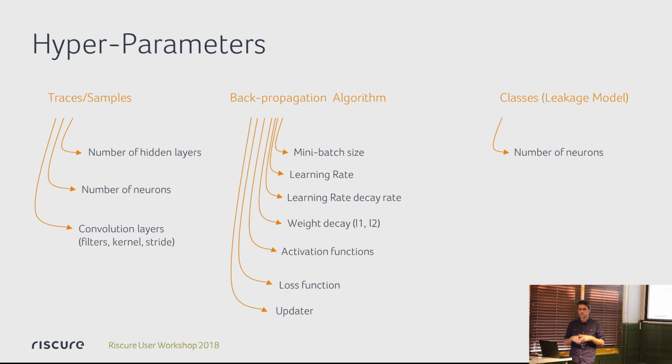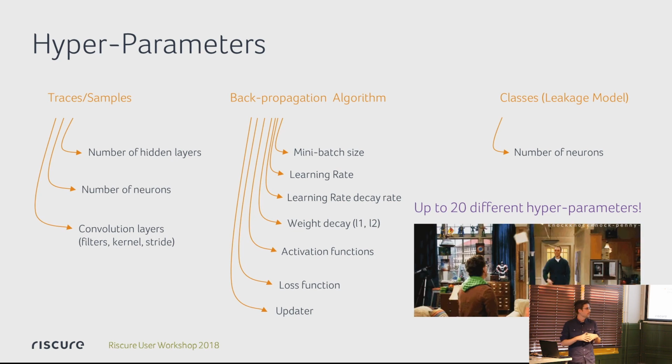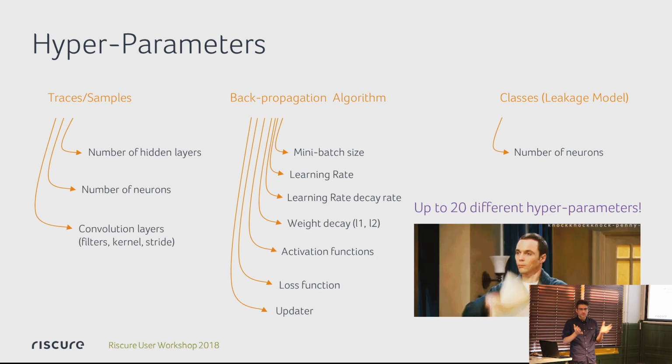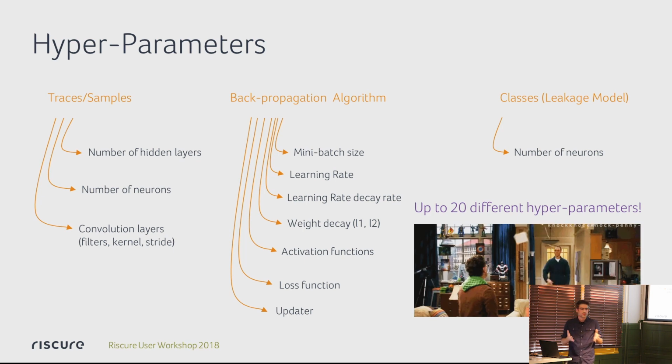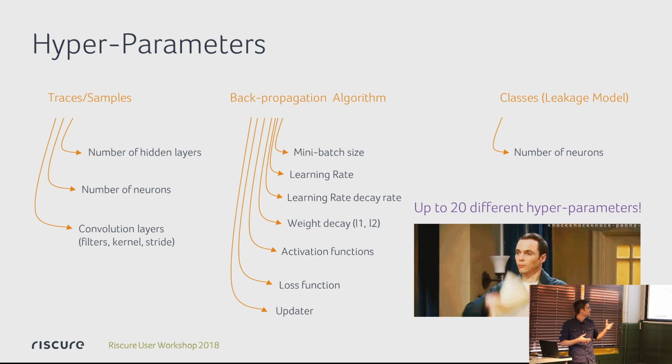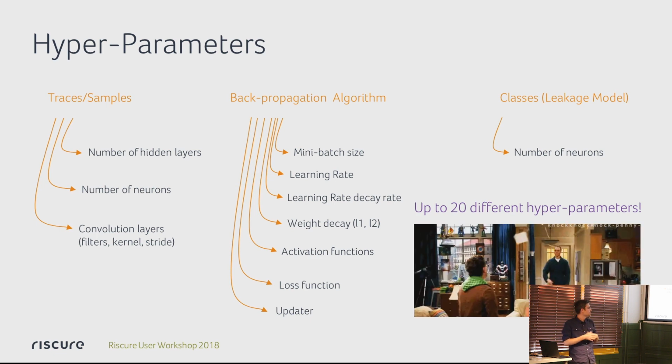So if you have 256 classes, for instance, as you're using the ID model, you cannot use less than, let's say, 10 neurons to classify something because the combination should be high enough for the amount of classes you want. So up to 20 different parameters can be seen in this kind of thing. So what do we do? This is the time to panic because, okay, how much time do I need to learn in order to be able to tune all of these parameters?